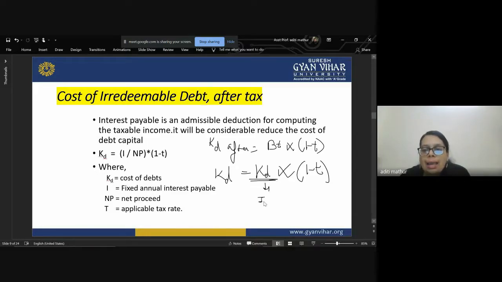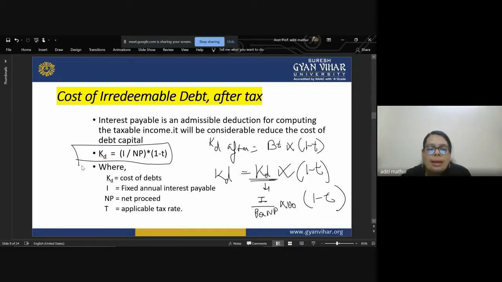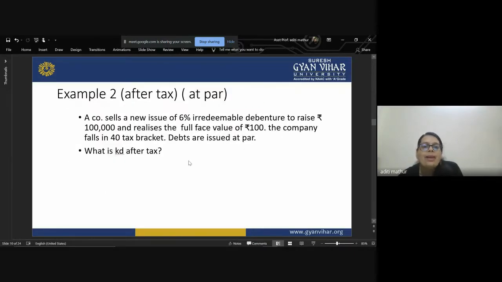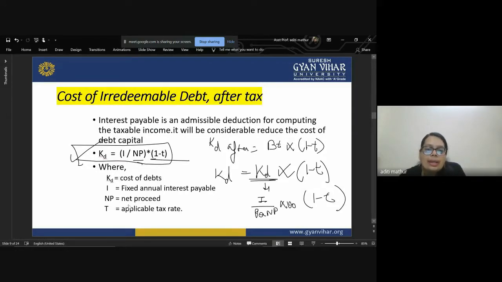It is I divided by P or NP into 100 and then multiplied by 1 minus T. So that is how we got this formula, that is I divided by NP into 1 minus T, where NP is equal to net proceed.